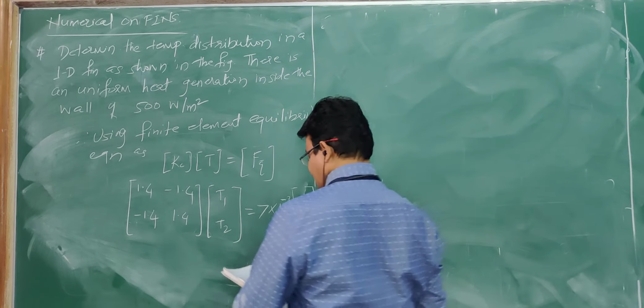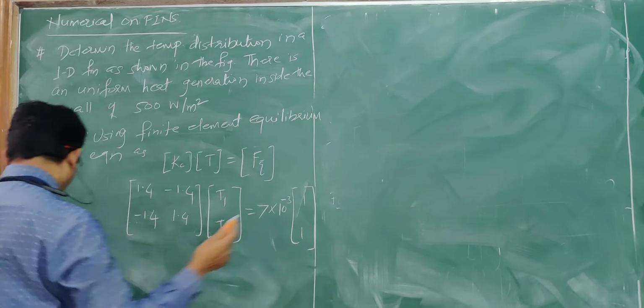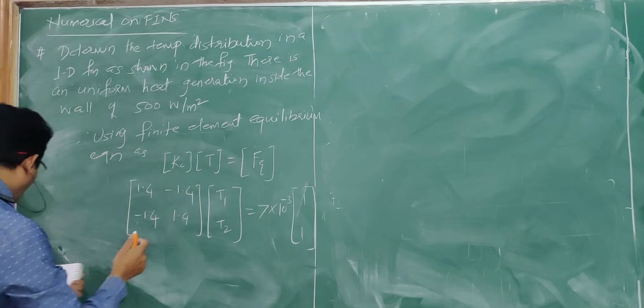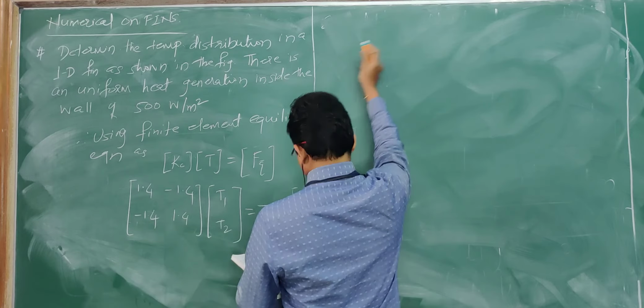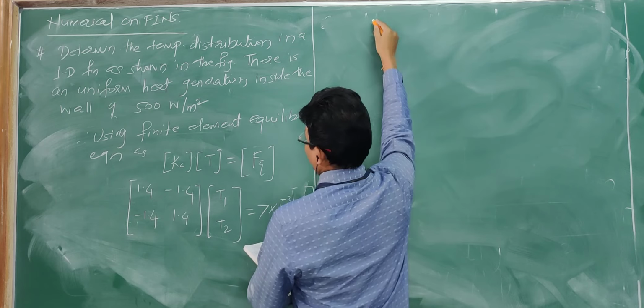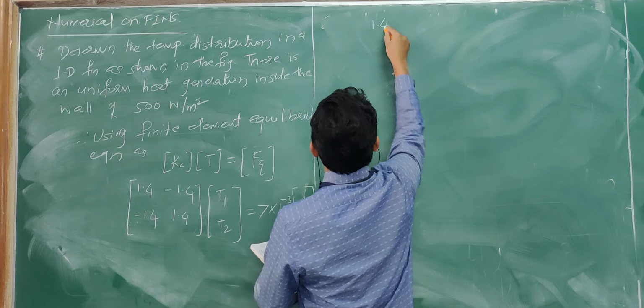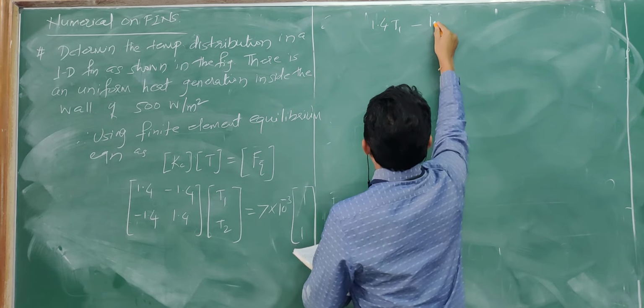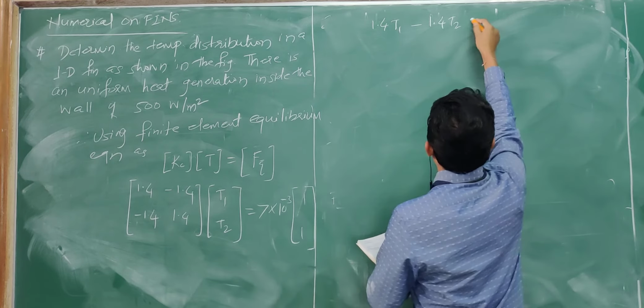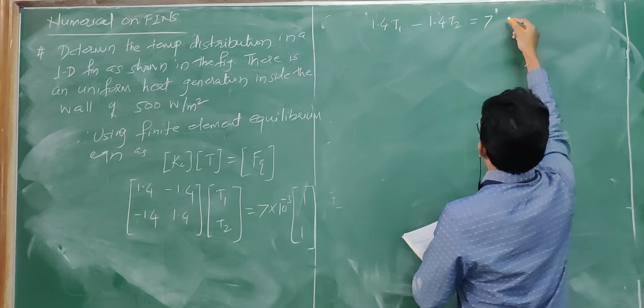So if I write the equations, what will I get? The first equation is 1.4 T1 minus 1.4 T2 equals 7 into 10 raised to minus 3.